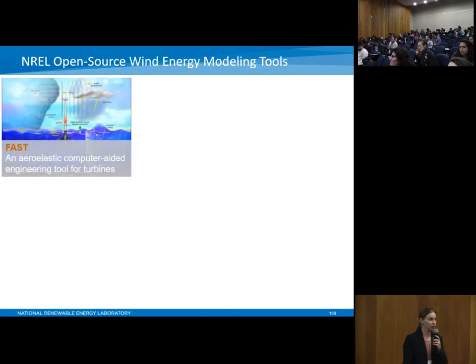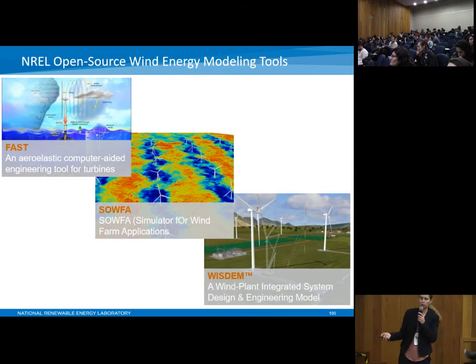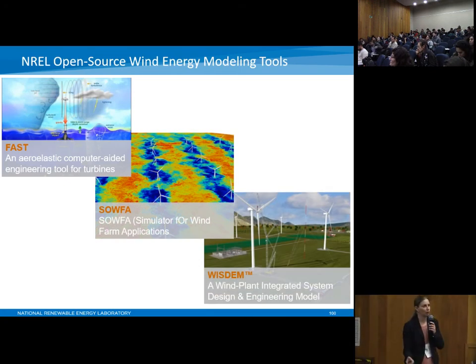Okay, to finish up here, we have a number of open source tool sets out of NREL that are all available on GitHub now. SOWFA, which is our wind farm simulator that showed all those pretty visualizations earlier, and our CFD tool set are available on GitHub. WISDEM, which is our optimization tool set, is available on GitHub.